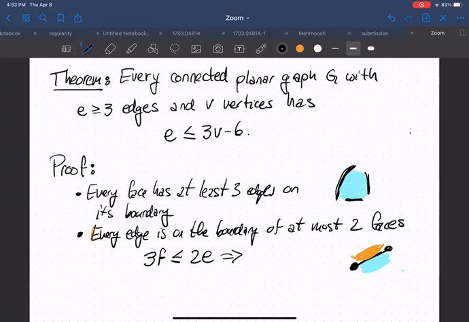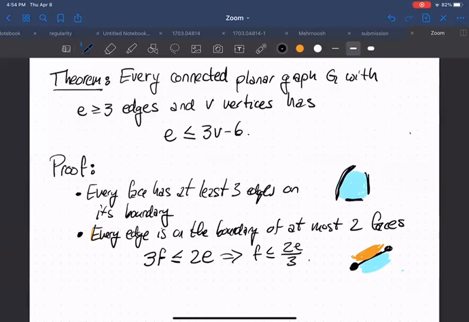And on the other hand, if we walk around each edge counting the number of faces that we see on that edge, we'll count each face at least 3 times. All right. So another way to write that is that F is less than or equal to 2E over 3.